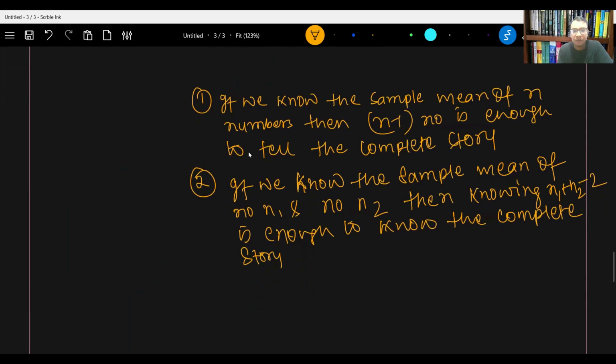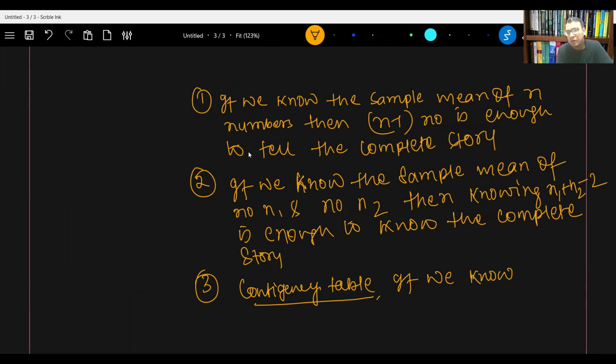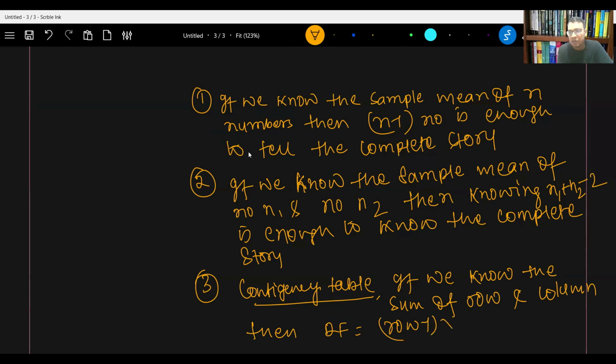And now the third one, that is the contingency table. How to fill the contingency table? If we know the sums of rows and columns, then the degree of freedom DF is row minus 1 into column minus 1.